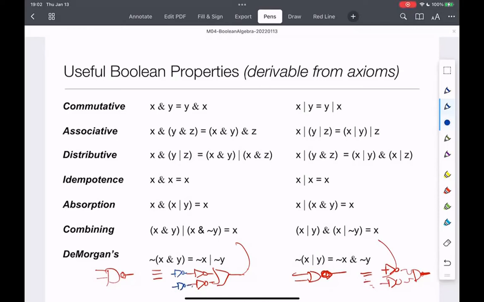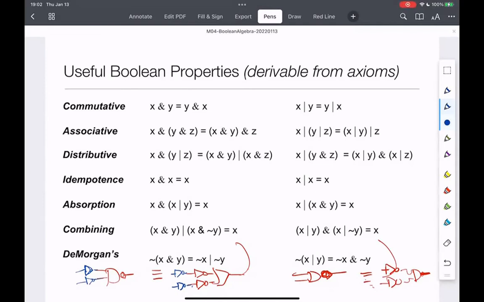So that means if I put an inverter here, then I get an OR gate. And we already know how to do an inverter using NAND gates. So therefore, using NAND gates, I can do an OR gate.